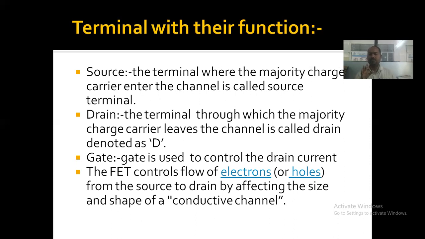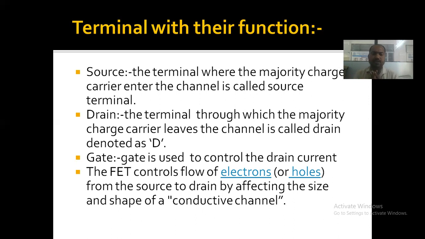So if we consider an N channel JFET, the high number of electrons that enter the channel, that is called the source terminal, right? So the source terminal is used for the entrance of your majority charge carriers to the channel. Channel indicates the portion where a large number of electrons flow; that portion is called the channel.